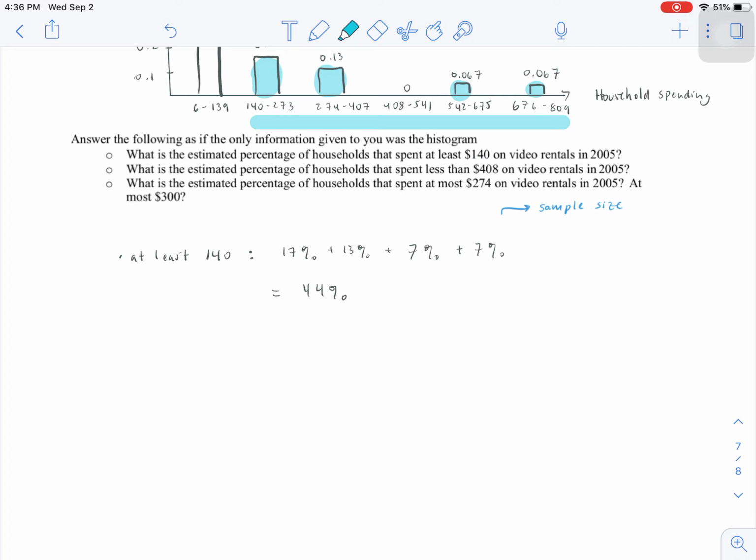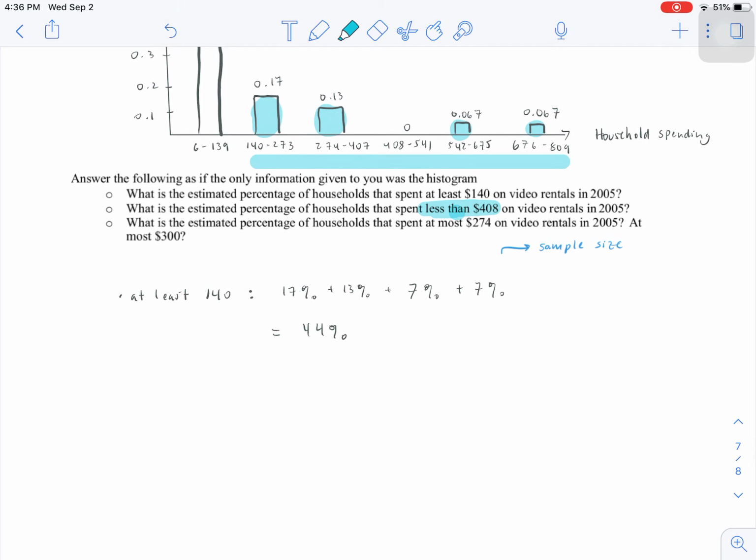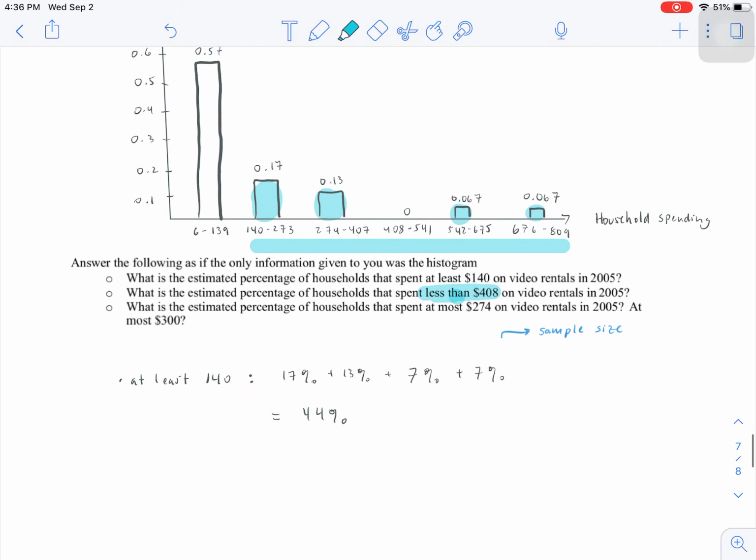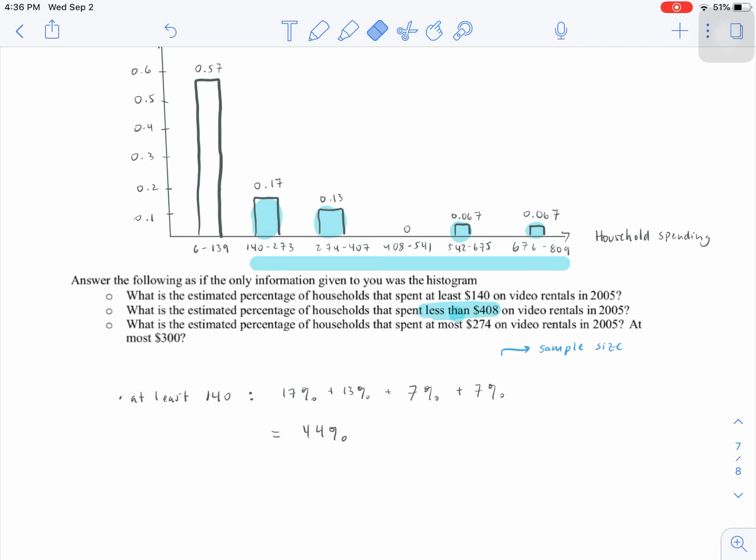Next, what's the estimated percentage of households that spent less than $408? So strictly less than $408 is everyone who spent 407 or less. So that's these 3 bars.